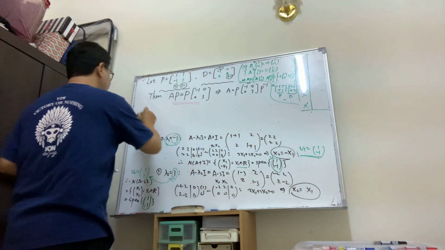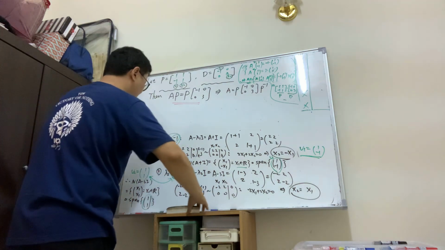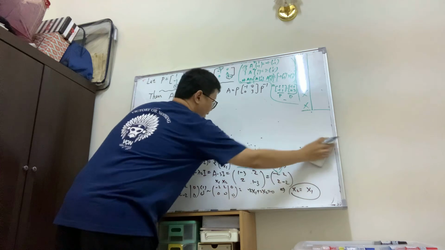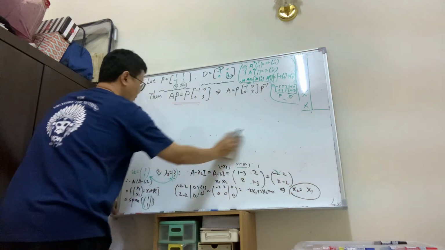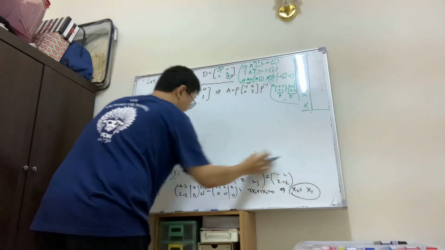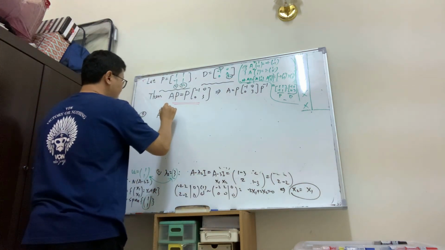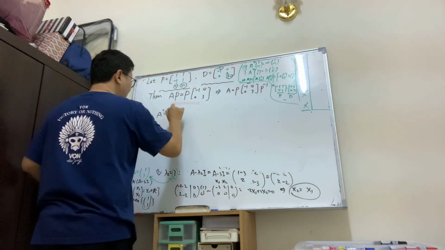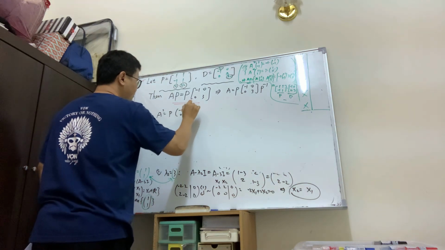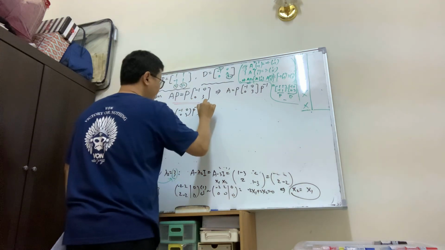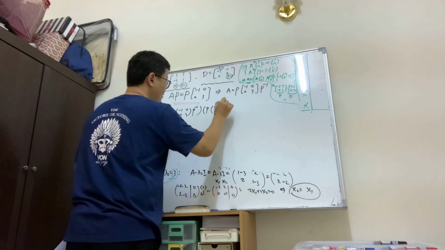And the final step. Find A squared, its inverse, and its power. Express it in terms of P and D. So A squared is equal to P D P inverse times P D P inverse.